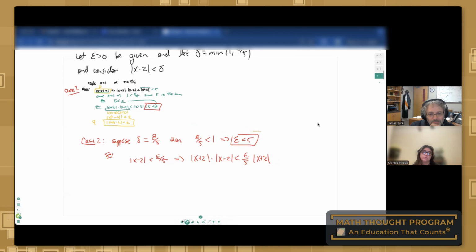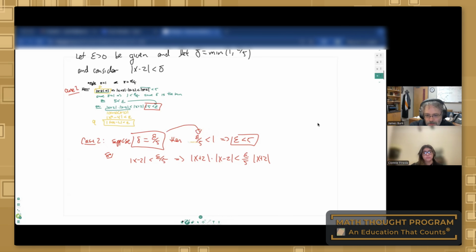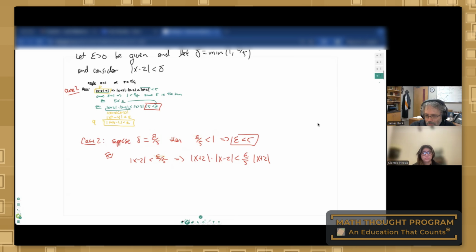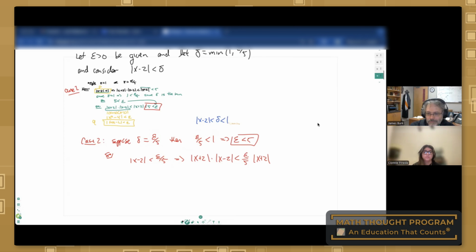What do we know about this? Well, delta, that's the smallest value of epsilon over 5, and it's less than 1. So, without really stating it, it's being implied that |x - 2| is less than 1.